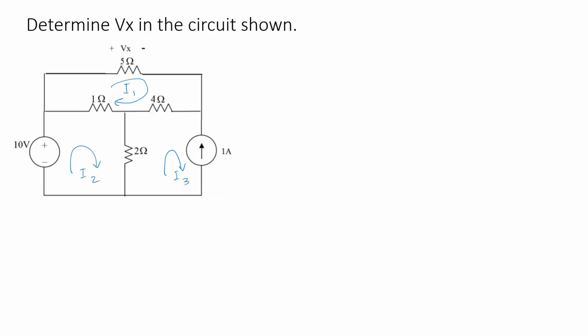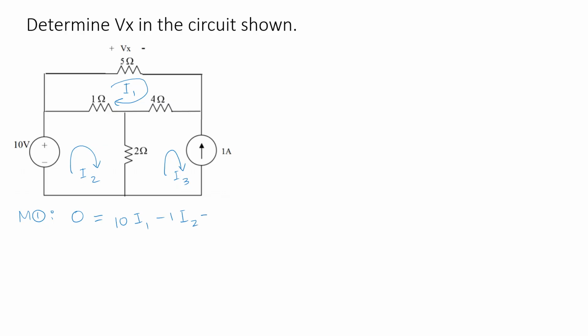Looking at I1, or rather mesh 1, we formulate the equation, and by inspection, we have no voltage source in mesh 1, so 0 is equal to the sum of resistances in mesh 1, that is 10, multiplied by I1, minus the common resistance between meshes 1 and 2, which is 1, multiplied by the mesh current in mesh 2, which is I2.